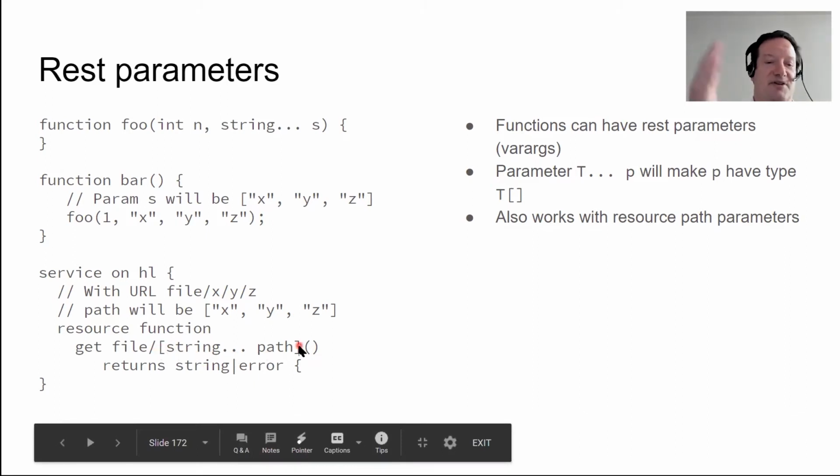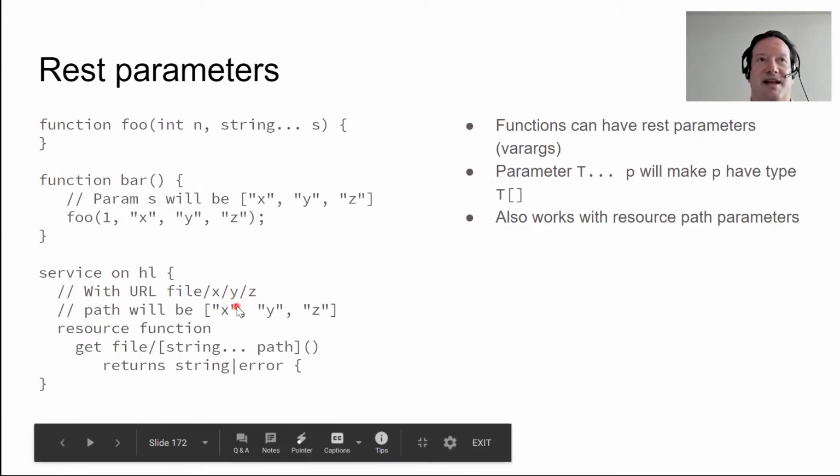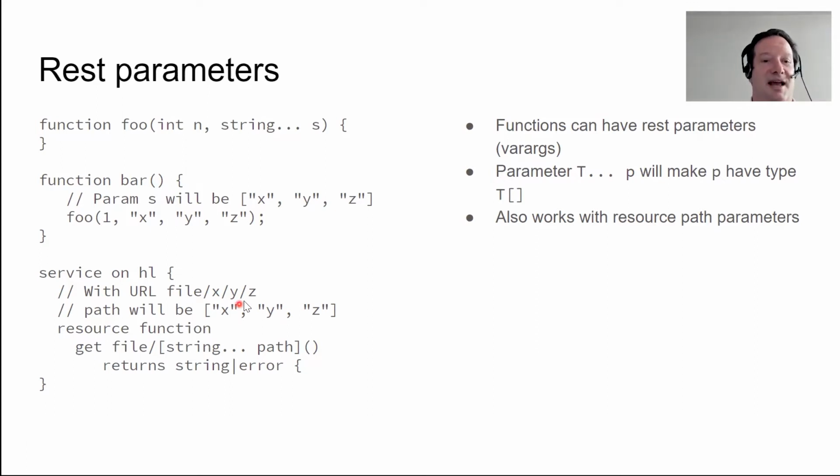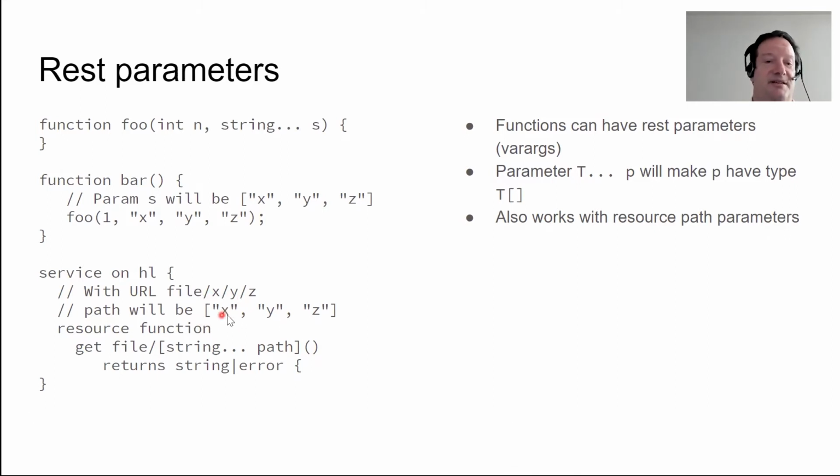Suppose you want to be able to say file /x/y/z, any number of things, and maybe it's an API that gives you access to a file or something, then you can do that just like this. You just use the same string ... syntax in your path parameter, and then path will be bound to an array of strings. If you put in file /x/y/z, you'll get this array of strings.